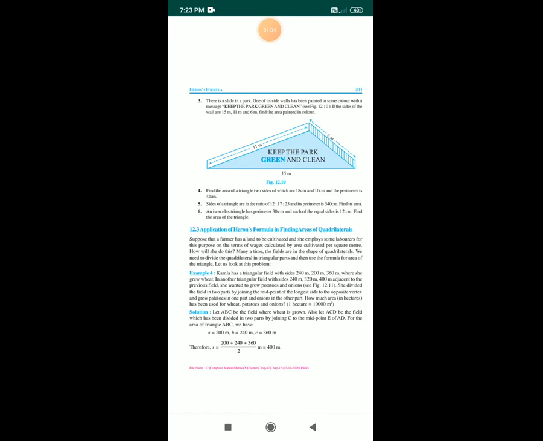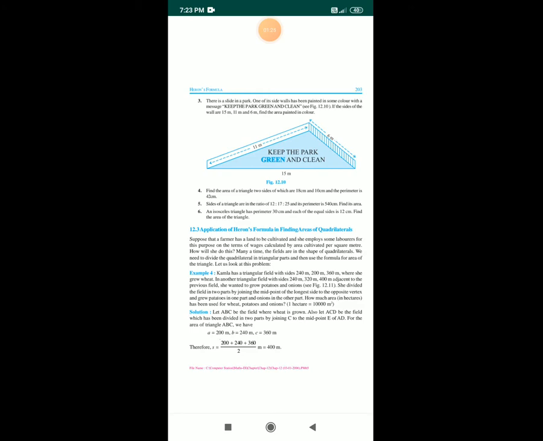Kamla has a triangular field with the sides 240 meters, 200 meters and 360 meters, where she grew wheat, and another triangular field with sides 240 meters, 320 meters and 400 meters adjacent to the previous field.